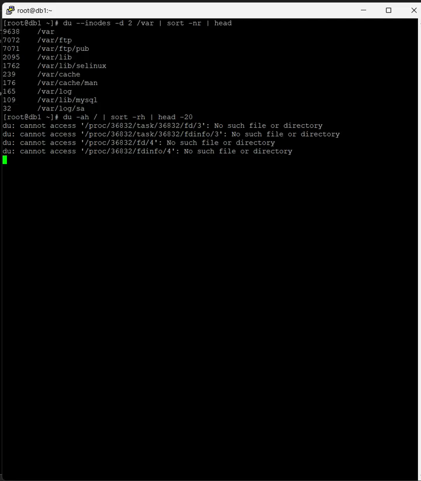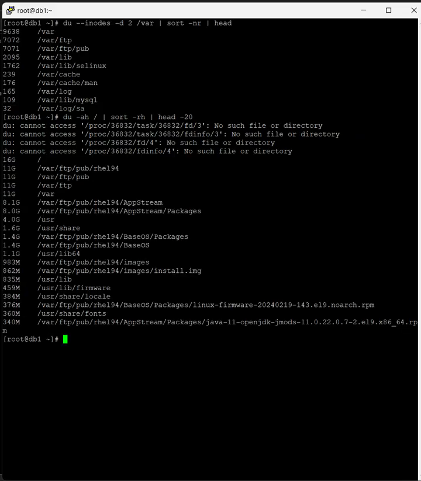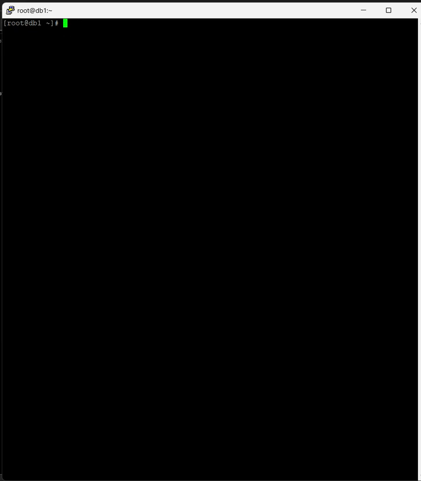The next one is, sometimes what happens is we have deleted files which are still held by a process. Those files can also cause space issues. The command to identify the deleted files being held by a process is lsof | grep deleted | wc -l.